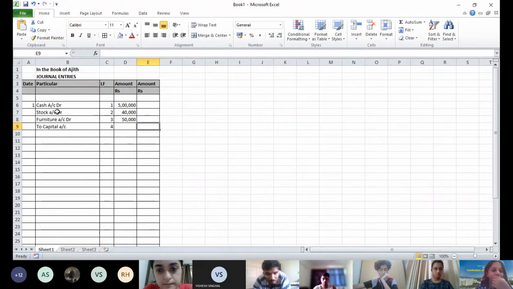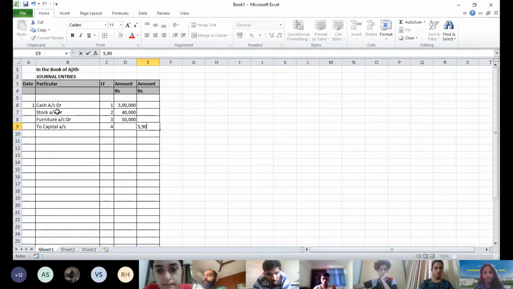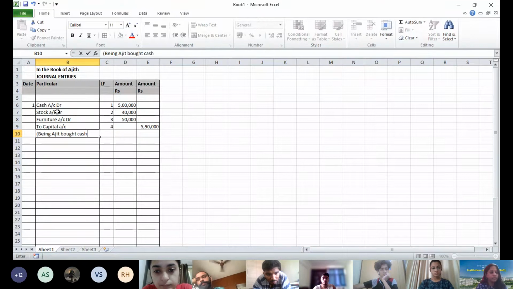How much is 5 lakh 40 plus 50? What is the 5 lakh amount? 90. 5 lakh 90,000. So, being cash, stock, furniture bought towards capital.